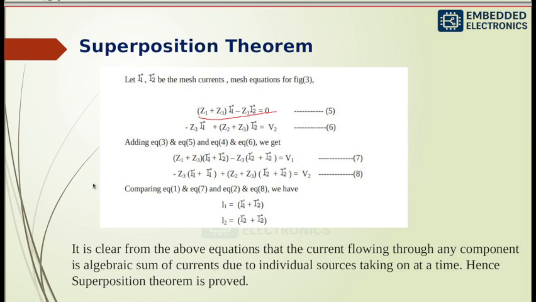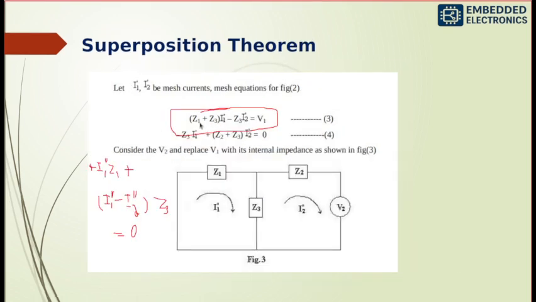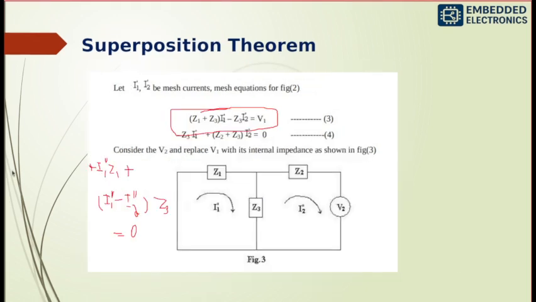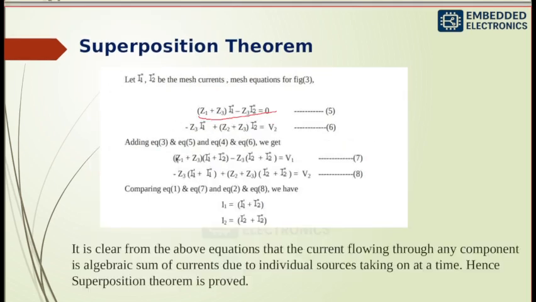Both have Z1 plus Z3, so take it common, then you will get I1 dash plus I1 double dash.